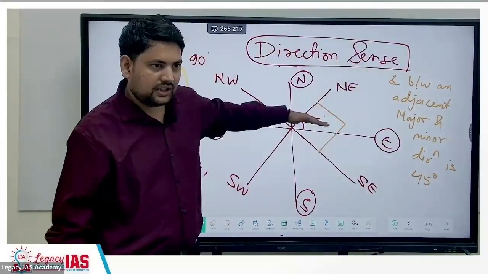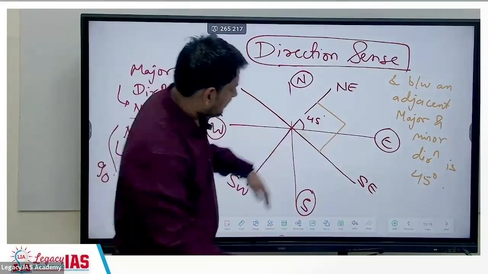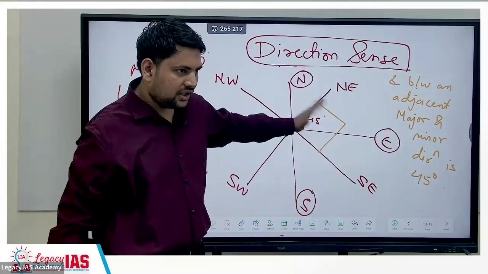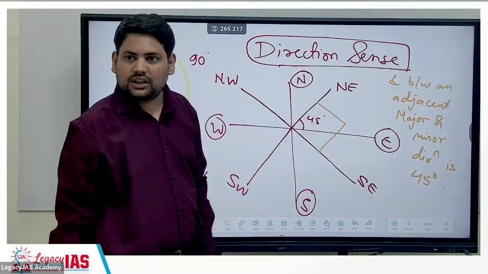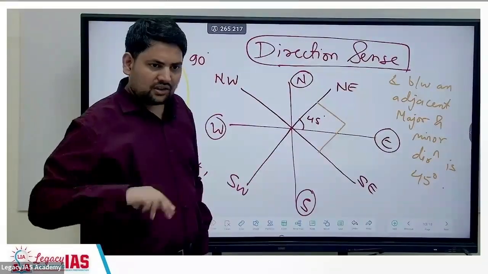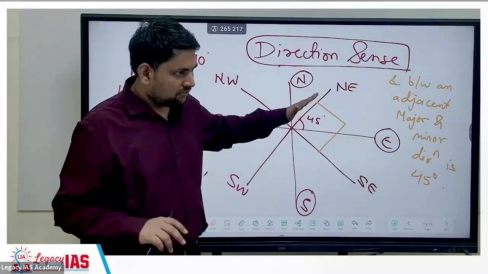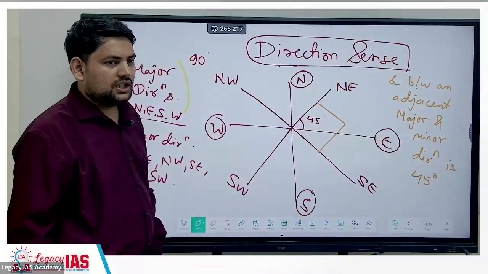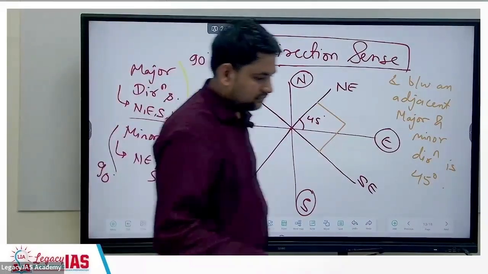Just adjacent: minor direction northeast, and this is major direction east. What is the angle? 45 degrees. Understood? So between two major or two minor we have 90 degrees, and between adjacent minor and major we have 45 degree angle. This much you can get.